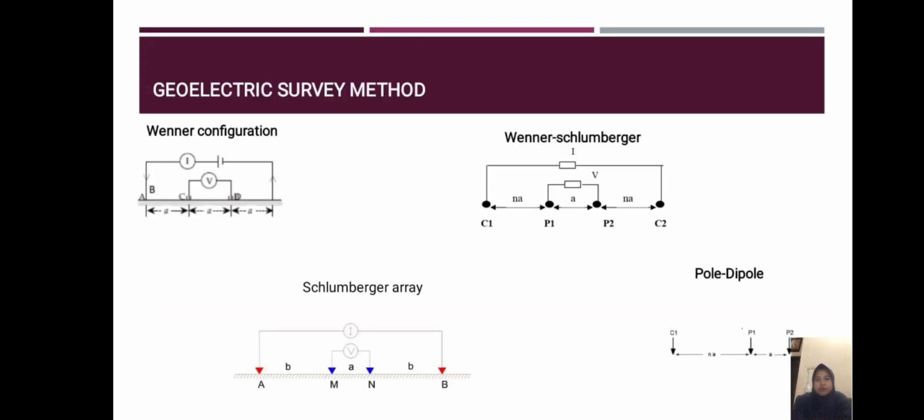Geoelectrical survey method. The resistivity method involves creating artificial electrical currents, putting them in the ground, and measuring the voltage that results at the surface. Two electrodes are used to control the electrical current delivered, and potential electrodes are used to monitor the potential difference between the two on the surface.